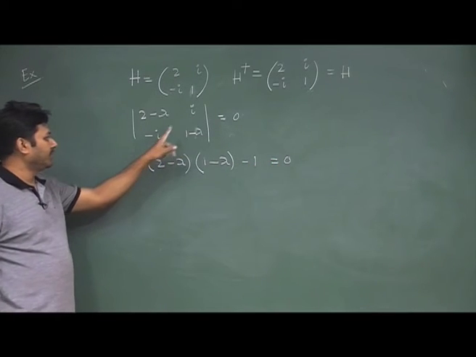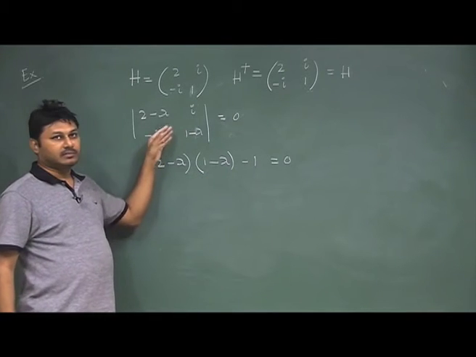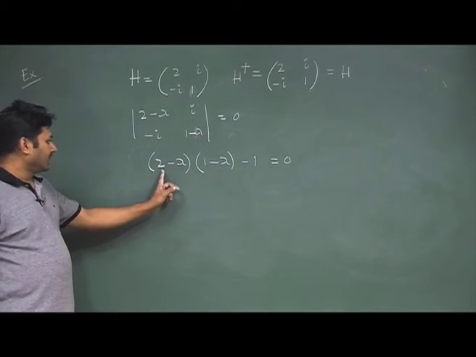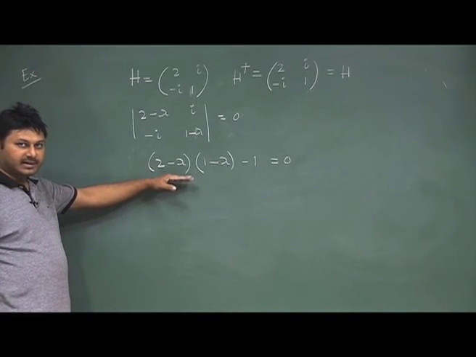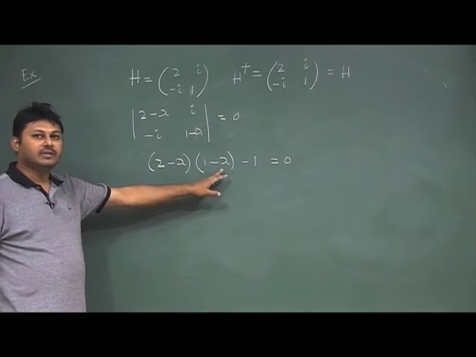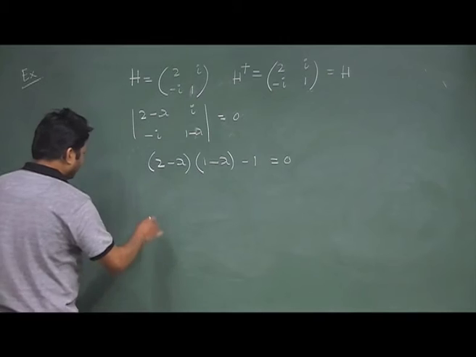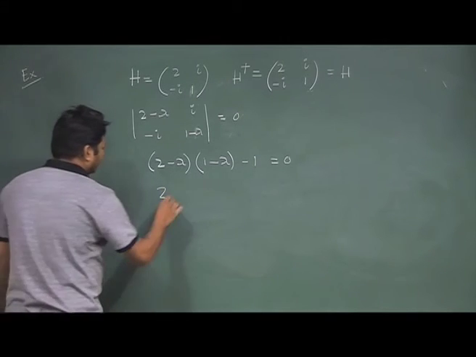I times minus I is 1, so there will be minus 1 because it is a cross multiplication. This characteristic equation is a quadratic equation in lambda, so I can find the value of lambda. It should be real, so let us cross verify whatever the theory says.